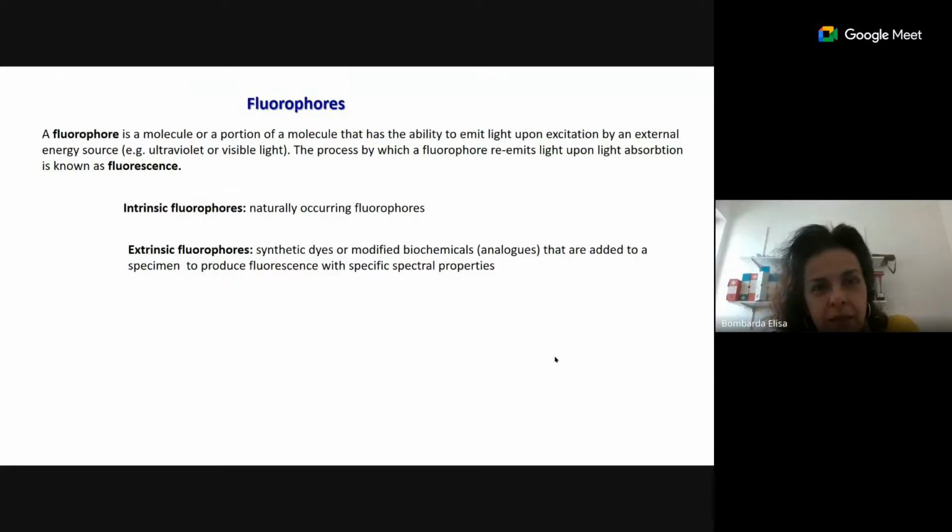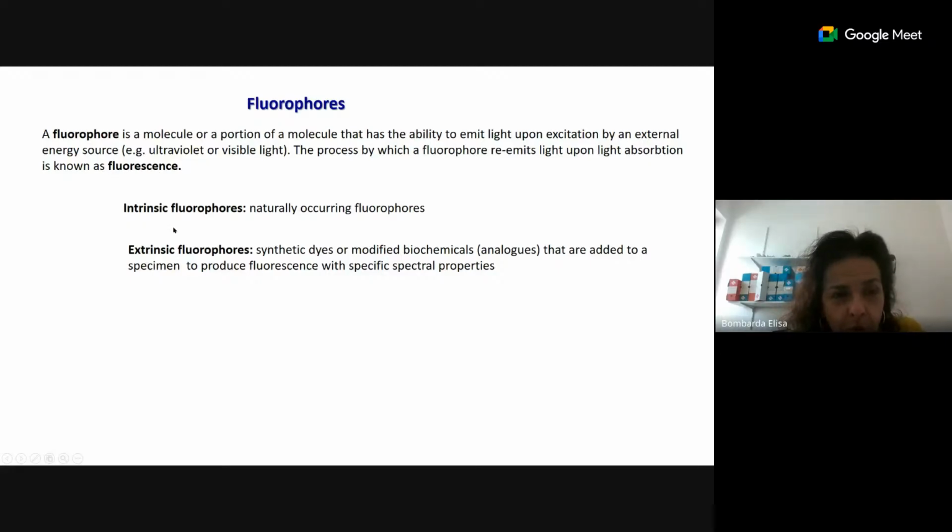Well, we know now a fluorophore is a molecule or a portion of a molecule that has the ability to emit light upon excitation by an external energy source. So practically, a molecule that is fluorescent.